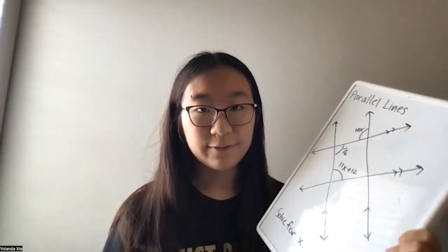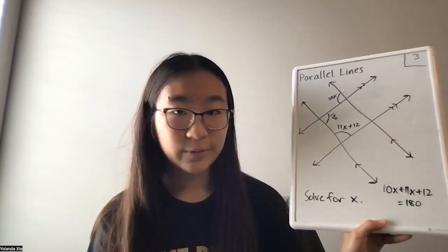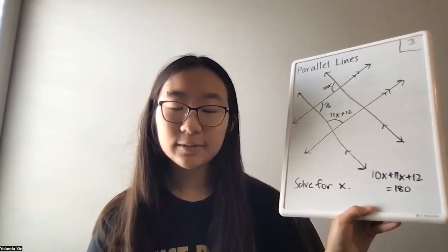And now we have an equation. So I'm just going to write down the equation really quickly. If you can think of the equation on your own, that's great. Here we have it. 10x plus 11x plus 12 equals 180 because these angles are supplementary. And now the next step is just to solve for x.